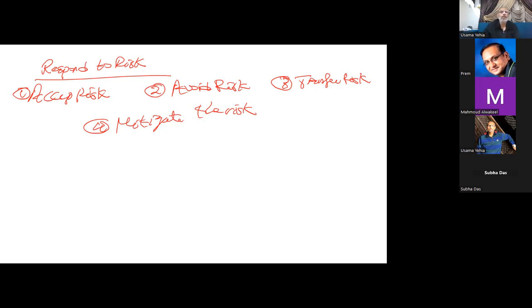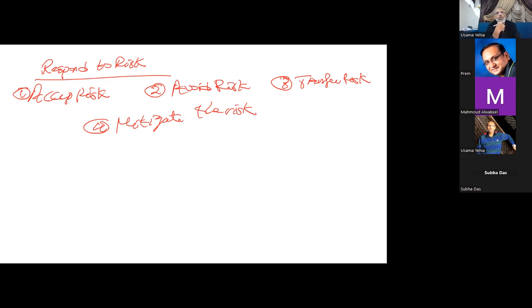Transfer the risk, this is like insurance, where I will move the risk to another company. If my data center is destroyed, I will ask the insurance company to pay me 1 million, 2 million, 10 million, whatever value you ask for. Mitigate the risk, this is the common one.